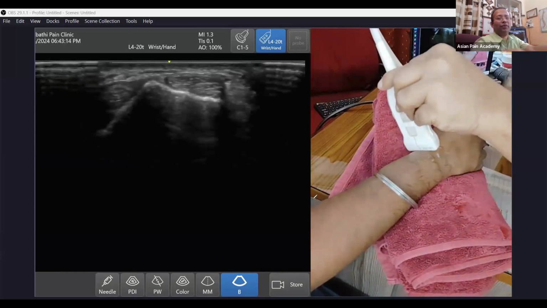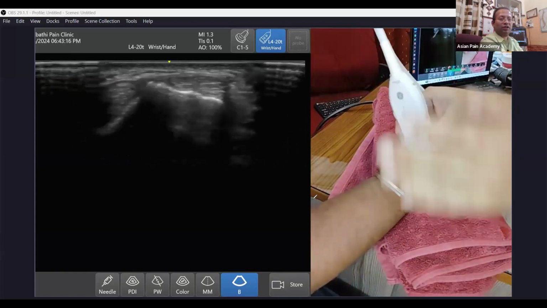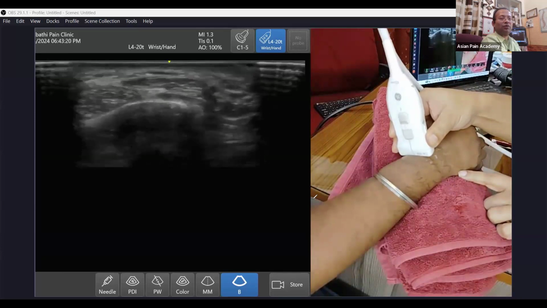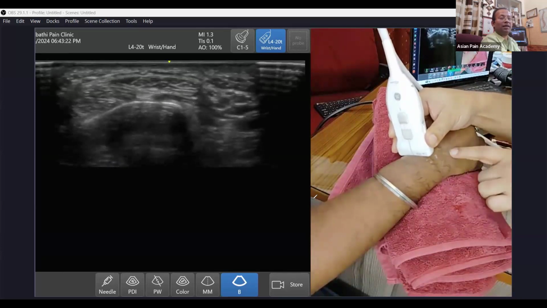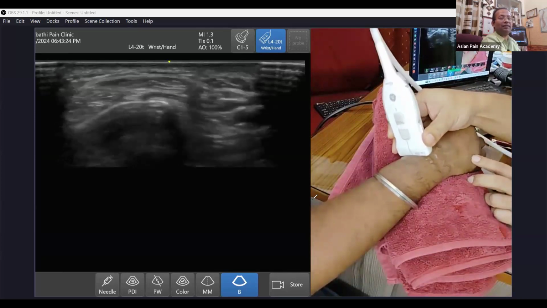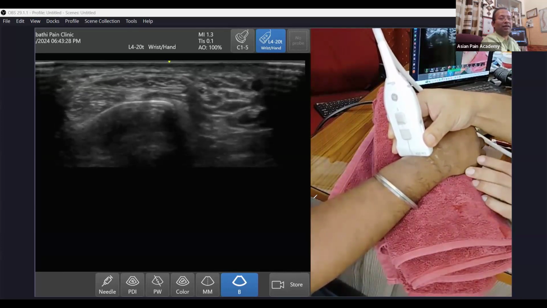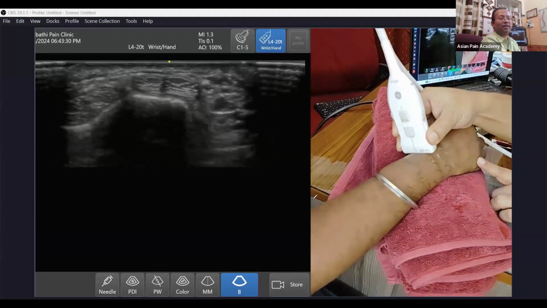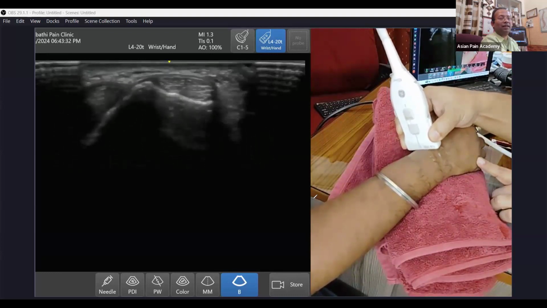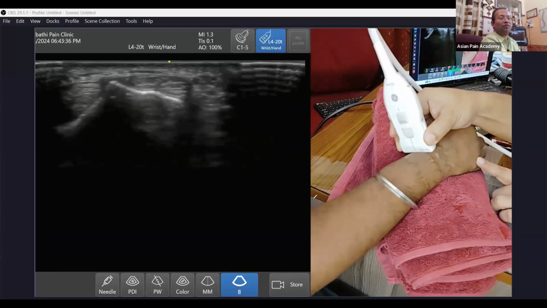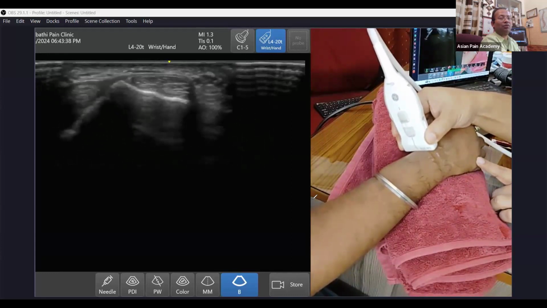You can see, from proximal to distal, when you move, some structure will go from the palmar side to the dorsal side. Here the right side is the palmar side, the dorsal side is the left side. So as I come proximal to distal, you see this superficial radial nerve moving from right side to left side.